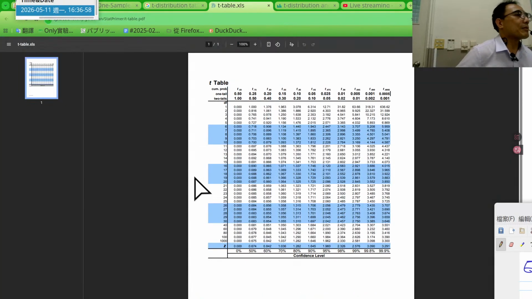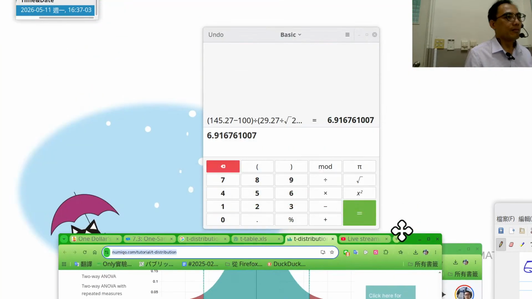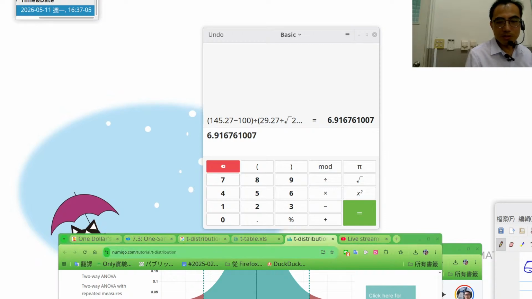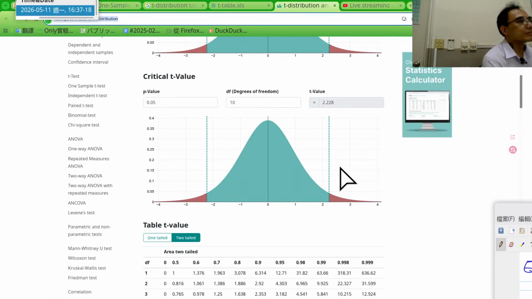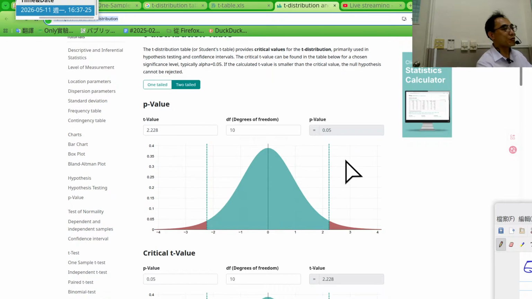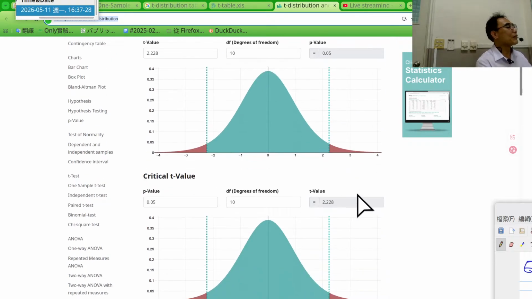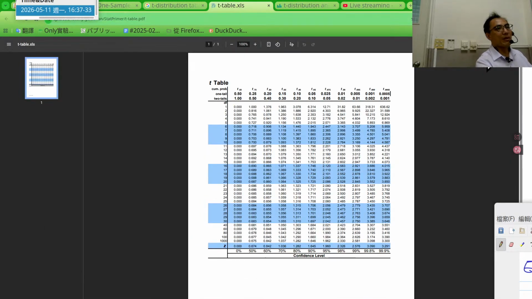For example, I just copy and paste this one to you, and this one. One minute please. Okay, now let me explain. Later I will tell you how to use this website to do that, but not now. And for example, here, how to use this table?